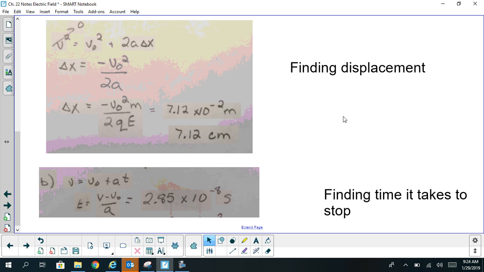And the time it takes to come to a stop is really small, which makes sense because that acceleration was huge, right? And don't be alarmed when you get accelerations for charged particles that are really large. That's okay. It's when you have velocities that are more than the speed of light that you have a problem. We're not going to worry about that.